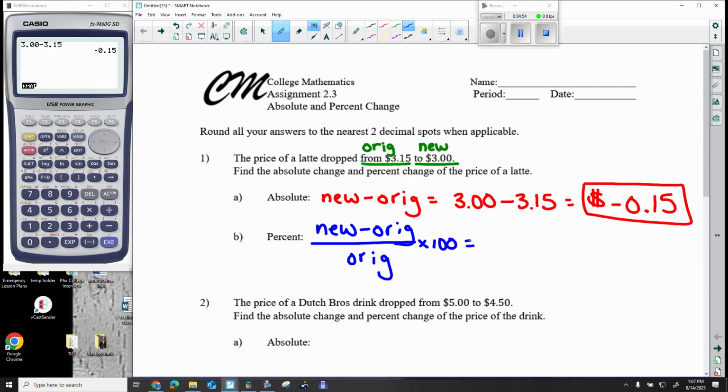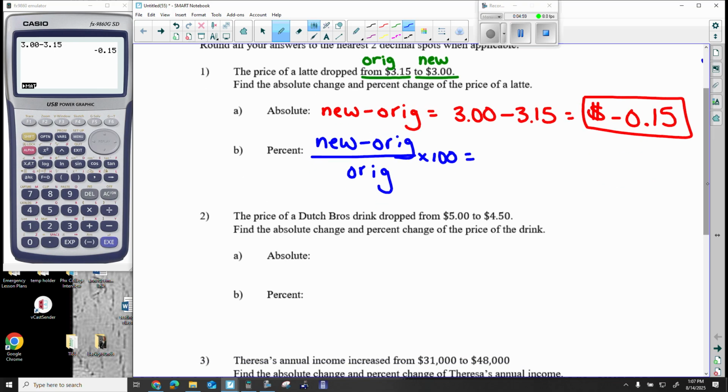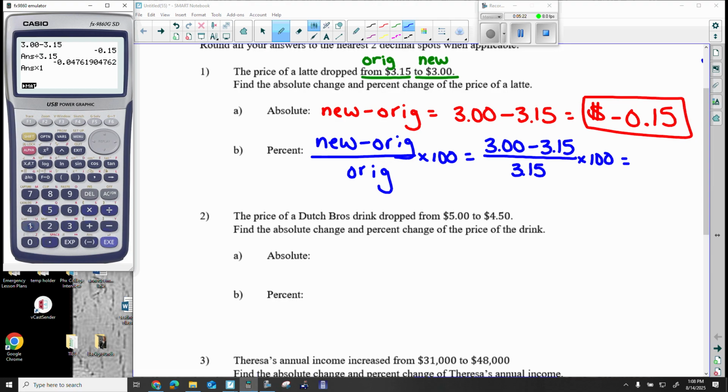Okay, putting in the physical numbers of what these things represent: the new value minus the original value, divided by the original value, times 100. So that's 3 minus 3.15. That's the top answer divided by the bottom answer times 100. So this is going to be negative 4.76%.